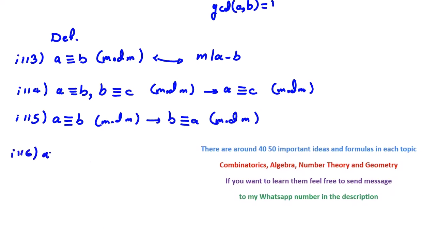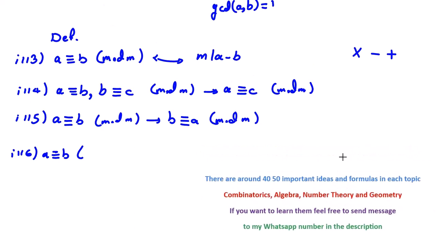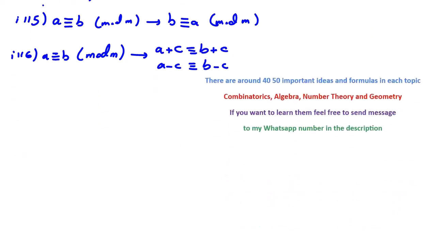Idea 116. It is like equality in product, in minus, in plus. When we have addition, subtraction, and multiplication, it is like equality. But for division, we have one more rule, I will tell you. We can say A plus C is congruent to B plus C, A minus C is congruent to B minus C, for all of them mod M, okay?